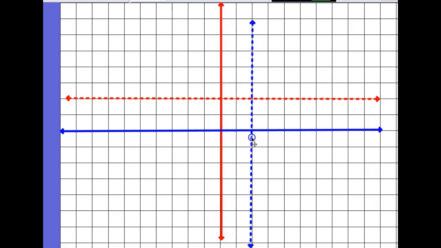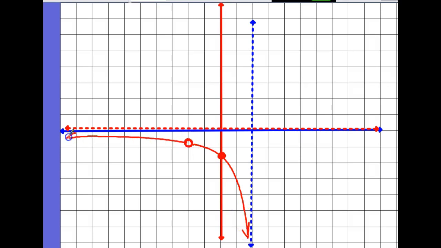But vertical asymptote at 2, horizontal asymptote at 0. It's going to have a hole at -2, -3/4. It's going to have a y-intercept at -1.5. So it's going to look something like this.